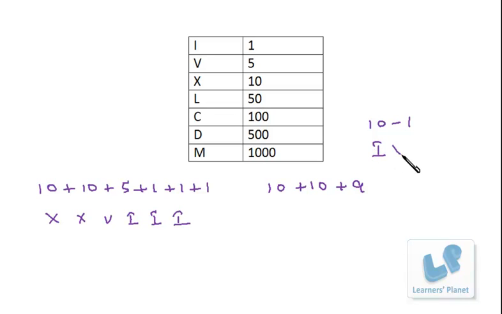If I write I before X. So it's XXIX. So 10 plus 10, 20. 20 plus 10, 30. 30 minus 1, 29. And how do I write 30? It's XXX. That is 10 plus 10 plus 10. Okay, isn't it quite simple?